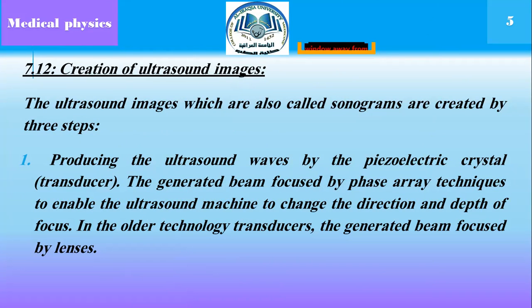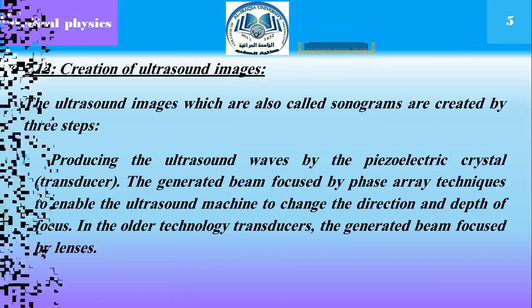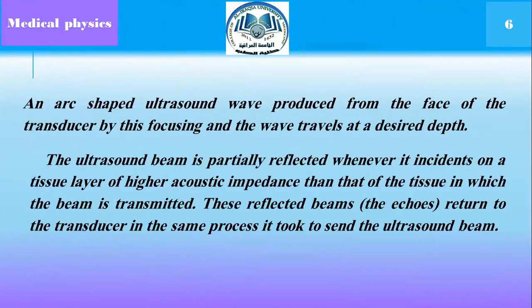In the older technology transducers, the generated beam was focused by lenses. An arc-shaped ultrasound wave is produced from the face of the transducer. By this focusing, the wave travels to the desired depth.